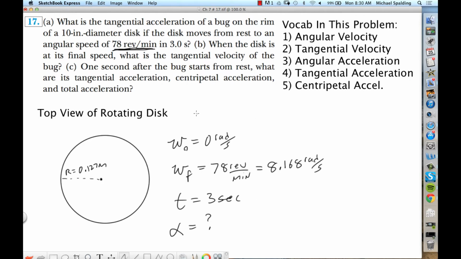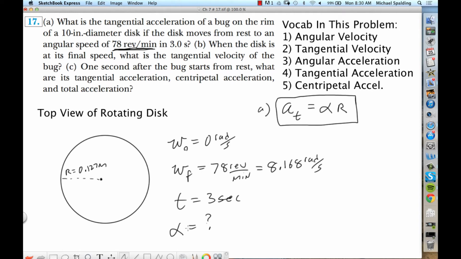All right, how are we going to find the tangential acceleration? Let me remind you of something. For part A, what's a way to get tangential acceleration? You take the angular acceleration times the radius. So what do we have to calculate? The angular acceleration.